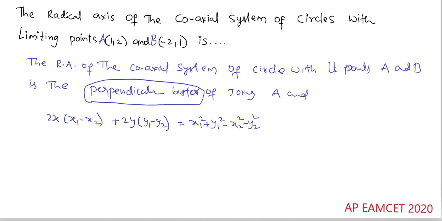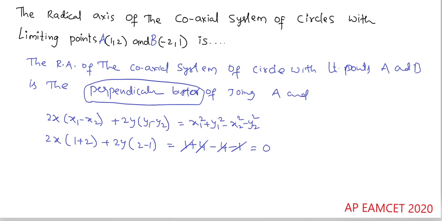So here (x1, y1) is (1, 2) and (x2, y2) is (-2, 1), that is 2x(1 + 2) + 2y(2 - 1) = 1 + 4 - (4 + 1). Here 4 cancels, 1 cancels, this is equal to 0.